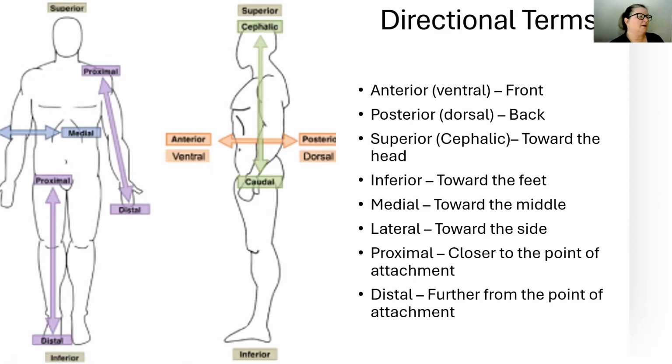Remember, anatomical position, how we name and look at all of this, is just like this figure: standing forward, palms facing forward. Also very important, left and right on your patient is not your left and right.